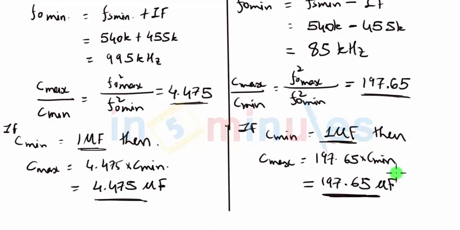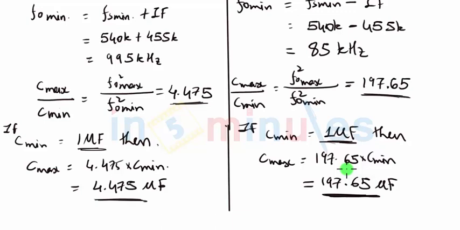As you can see, in case of HSI, we can use a very simple variable capacitance device which gives us the variation over a small range of 1 to 4.47 microfarad. Whereas in case of low side injection, you will need a variable capacitance device giving you the variation over a very large range, and this is something very difficult to achieve.